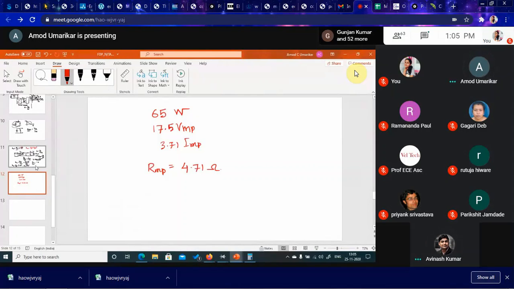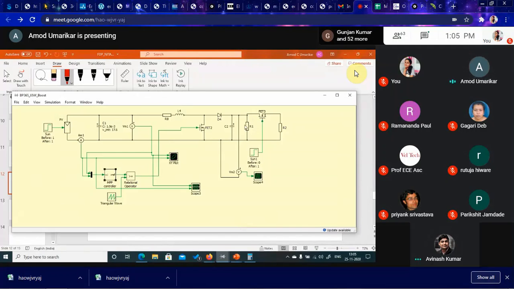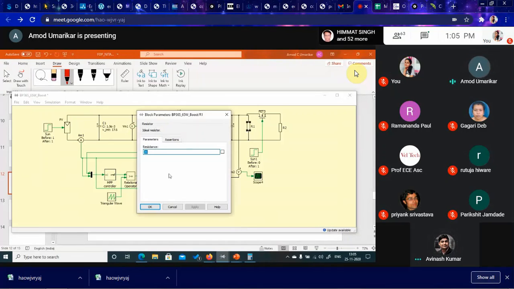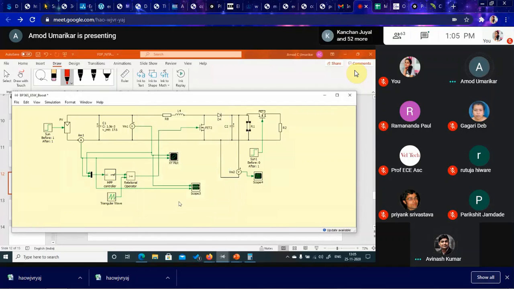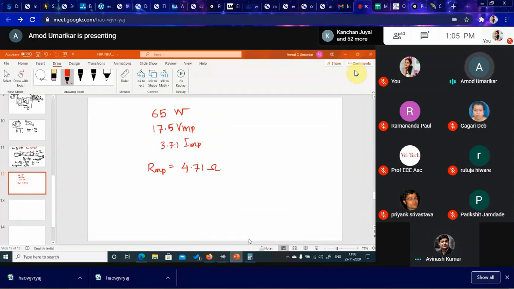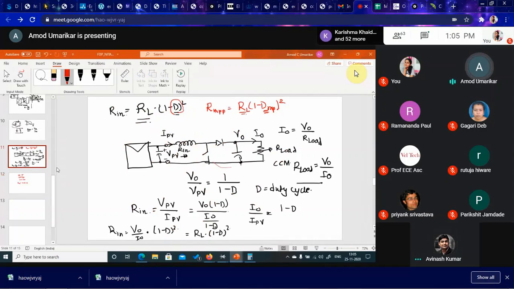Now what is our load here? Our load is initially 20 ohm. So for MPP, what should be the duty cycle? That is our first problem.